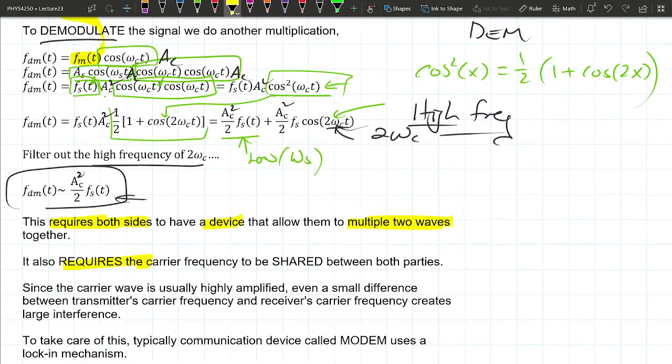It also requires that the carrier frequency be shared between the two sides. If I don't have the carrier frequency, I cannot demodulate the signal at all. I can guess what it is, but it will take me a long time.